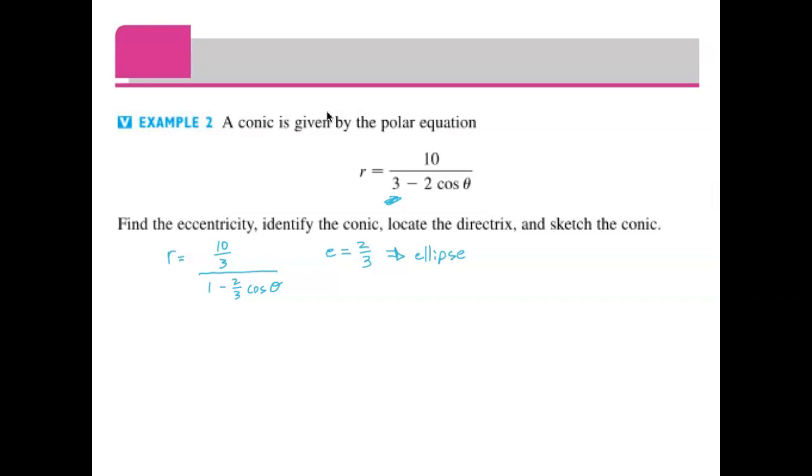All right. Now we know that the numerator, 10/3, has to be equal to E times D. That means D equals 10/3 divided by the E, which is 10/3 over 2/3, which is 10/3 times 3/2, or 5. So D equals 5.